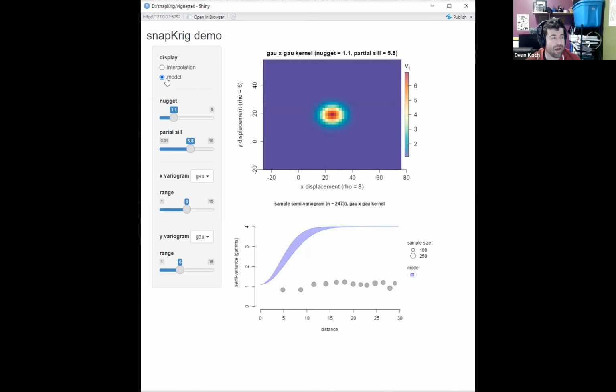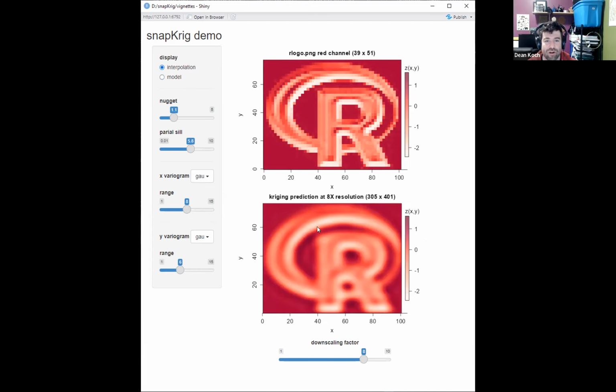On the other tab, we have something called a semi-variogram, and above it, a covariance footprint. And so what this is showing is what our model for the covariance is that is producing these estimates. So our estimator just kind of takes the input points and fuzzes them a little bit.